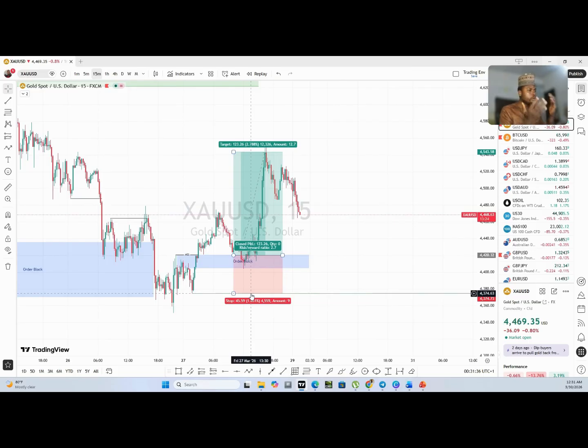Everybody has their own stop loss based on their account size. There is somebody that if the market goes against him from here to here, he is going to lose maybe $10. At the same time, somebody from here to here is going to lose only maybe $1, somebody $100, somebody $1,000, somebody $10,000.